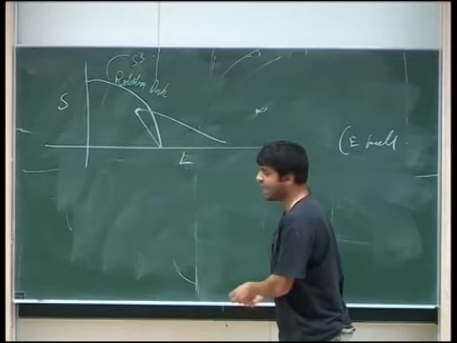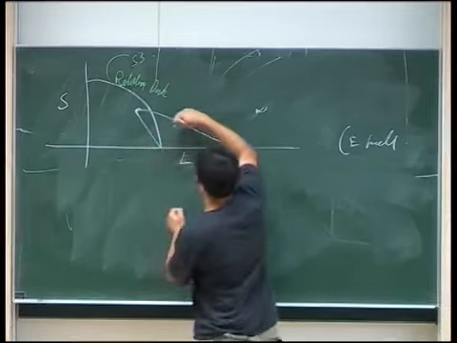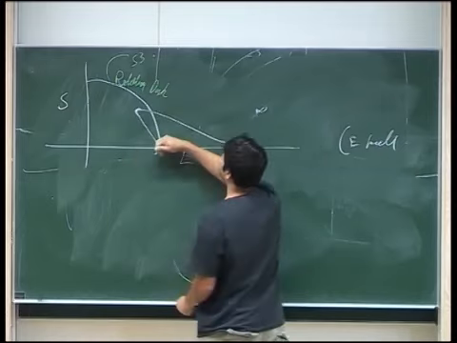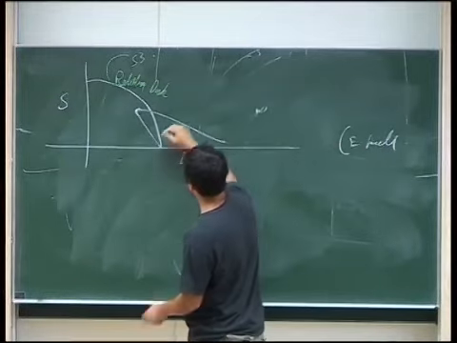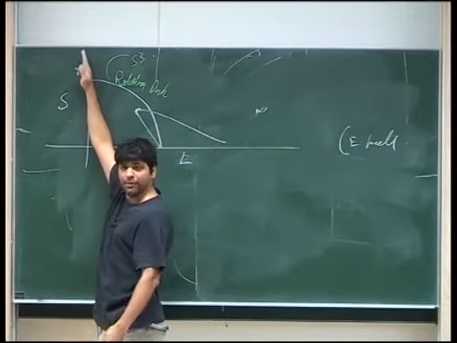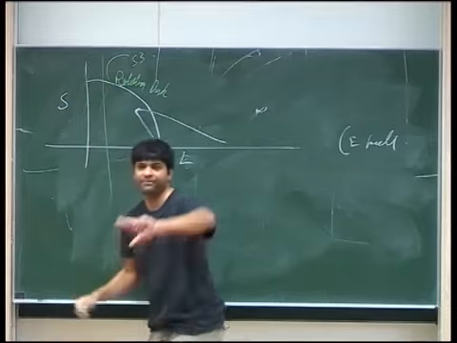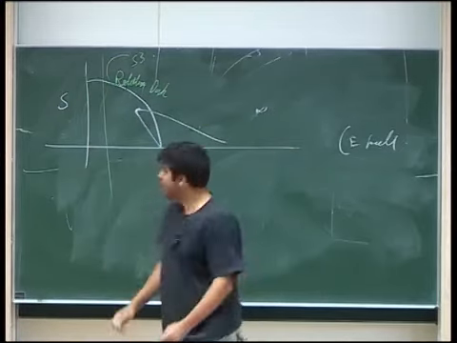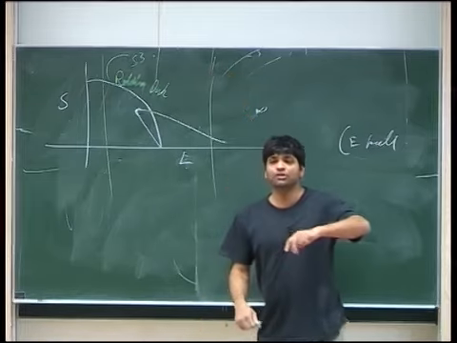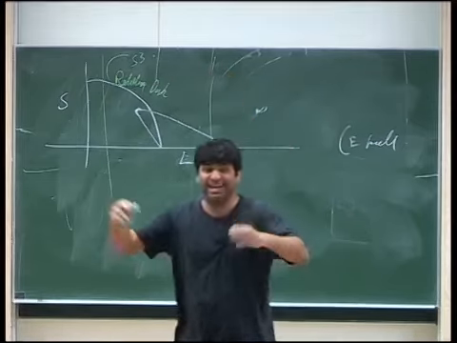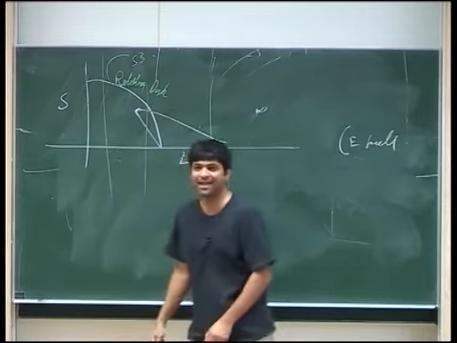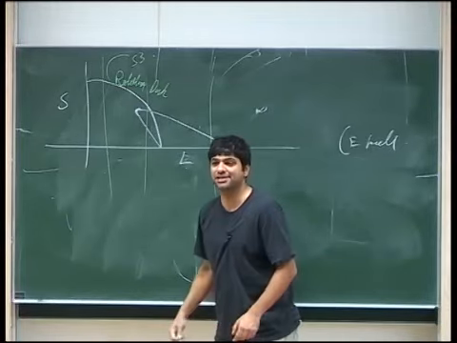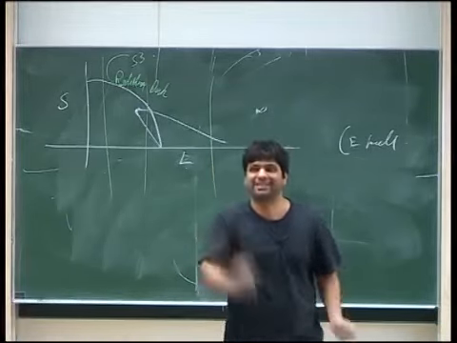There are some details, but basically the important point to note is that at very small angular momenta there's only one solution, the disk. At very large angular momentum, there's only one solution, the ring. And at intermediate values of angular momentum, you have three solutions, two rings and one disk.